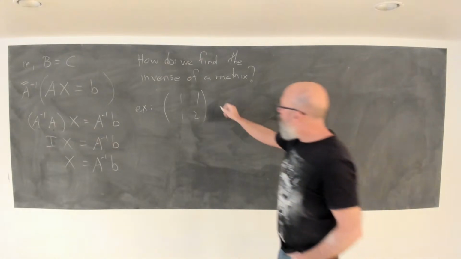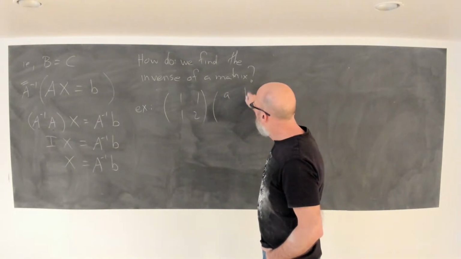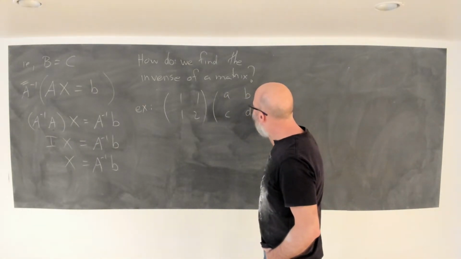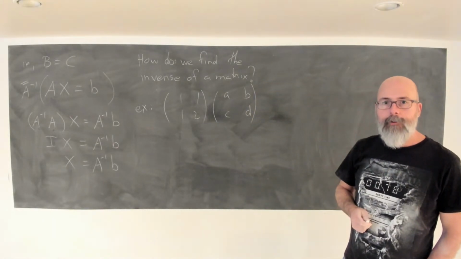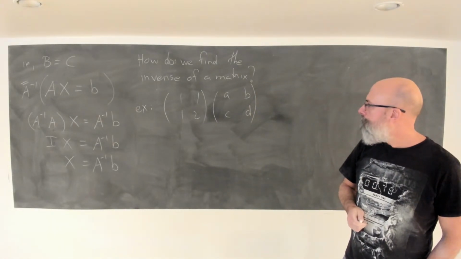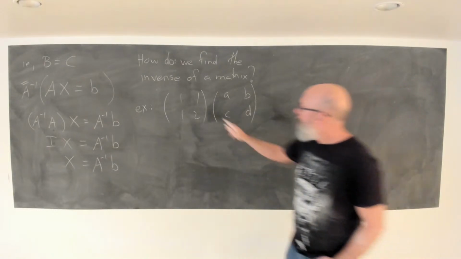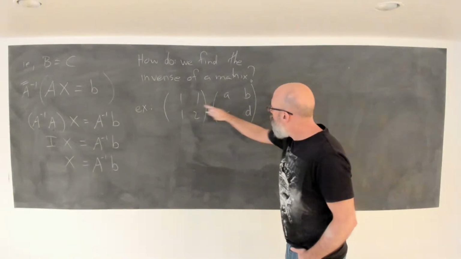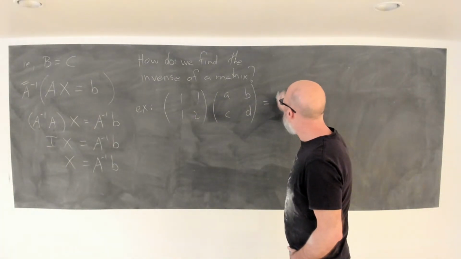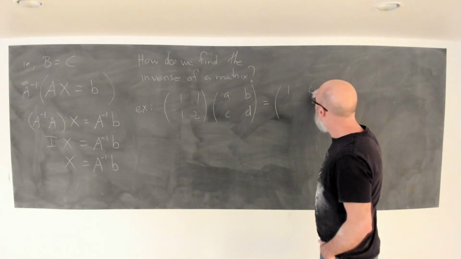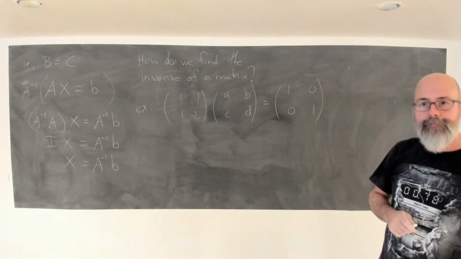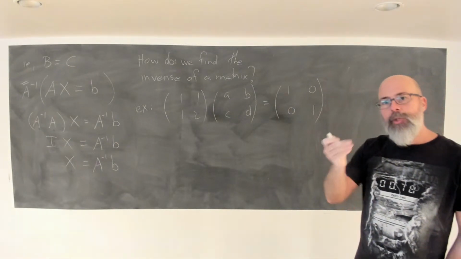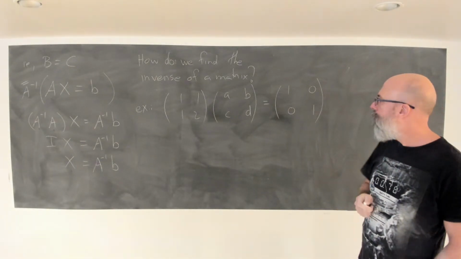We are looking for a 2x2 matrix, A, B, C, D, such that when you do the multiplication, you get the identity. That's what we're looking for.